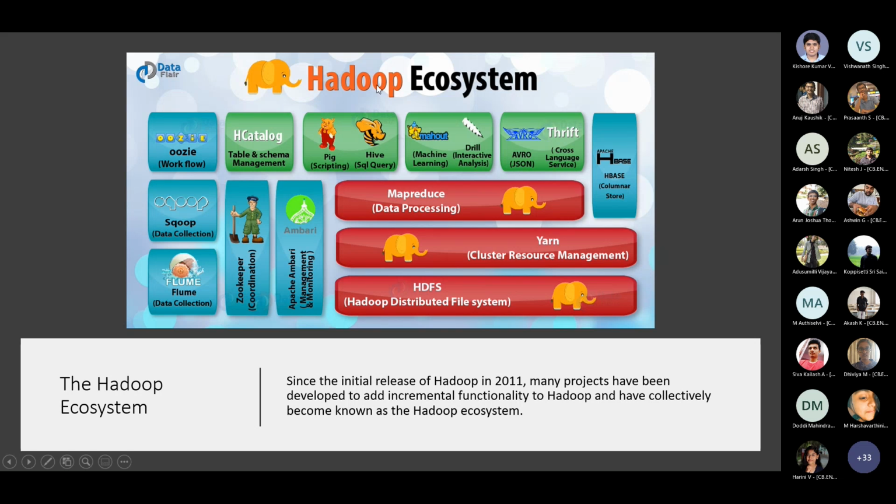So you have things like Mahout and Drill, which help you do machine learning and analysis of data. Scripting is typically done by Pig and Hive. And then you have things like Sqoop and Flume that help you with the data collection and cleaning.